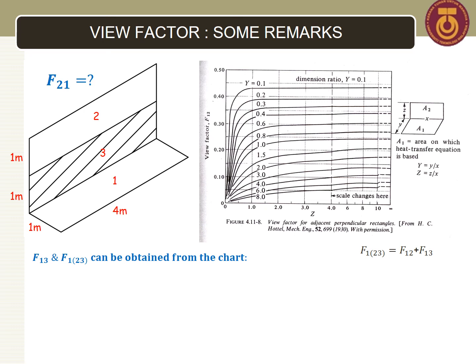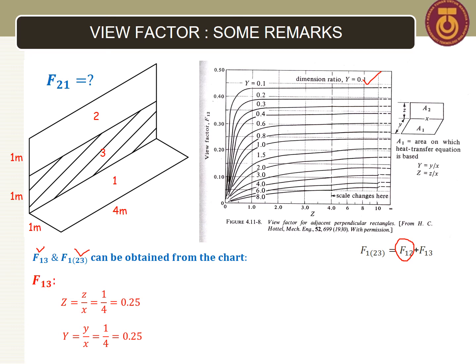And as I explained in the previous slide, F13 and F123 can be determined directly from this chart. So by using this superposition rule, we will be able to determine F12. Let's see how we can do that.